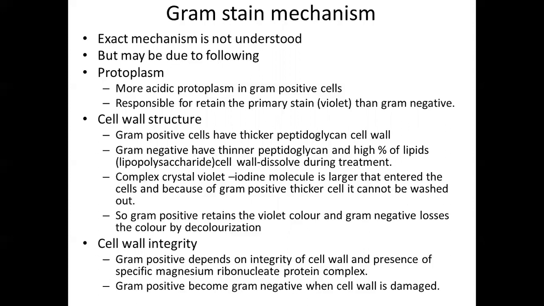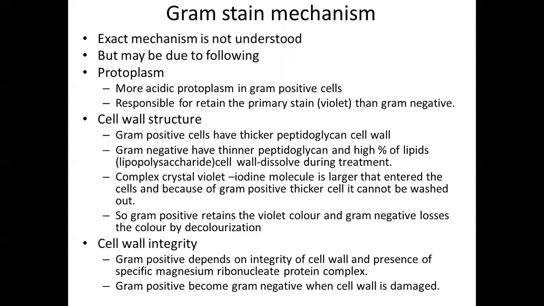So the crystal violet takes excess time to reach from layer 1, 2, 3, 4, 5, 6, and to reach the center of the cell. In the same way, gram negative has less peptidoglycan, so it easily reaches the cell center and is easily washable. So it takes the counter stain.